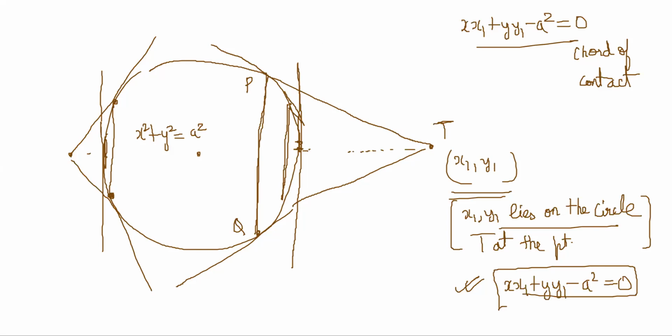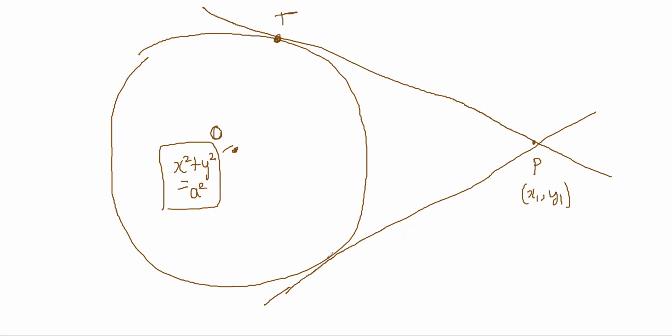Now we will see lots of properties of this chord of contact. This is my point, this is one tangent, and this is one tangent. You should write this part down, because this part is super important.